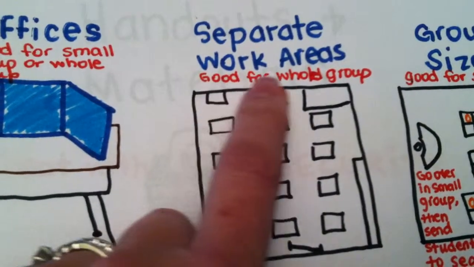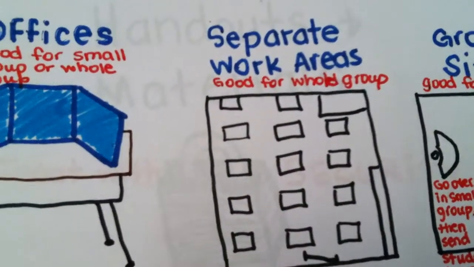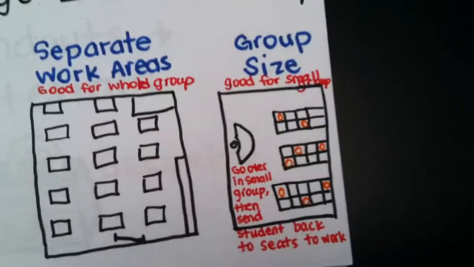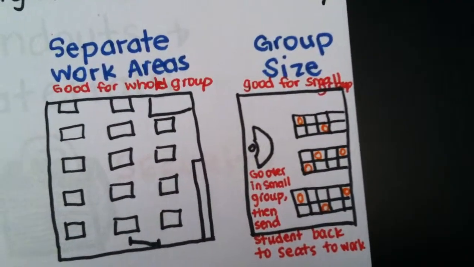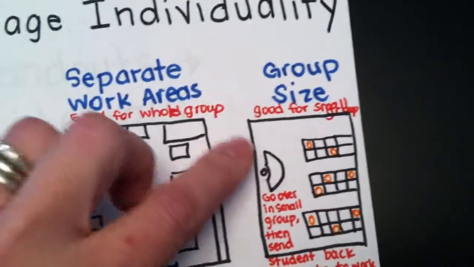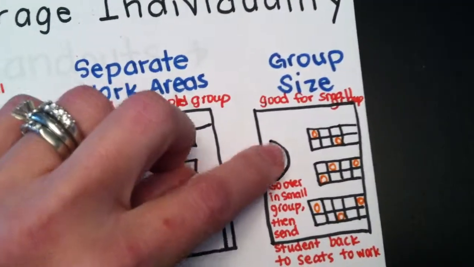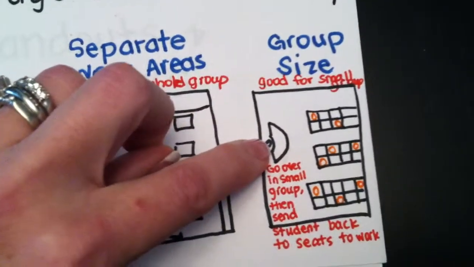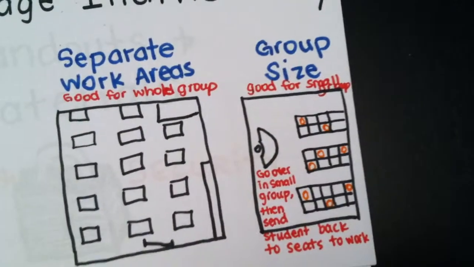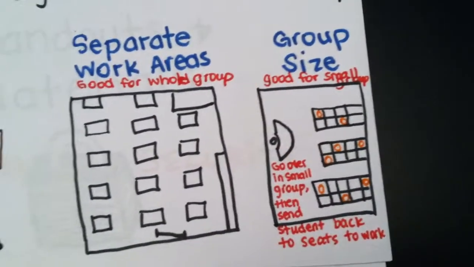Or if your students are working in a small group size, you could introduce the students at a small group table, and then they could go back to their tables where they work to complete their activity.